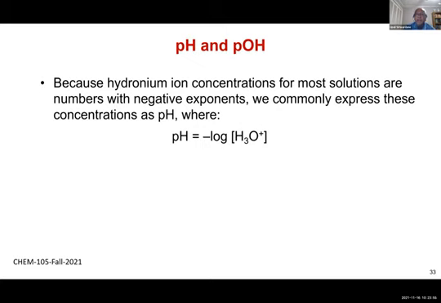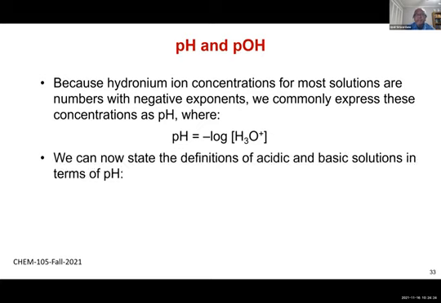If you plug in 1 times 10 to the negative 7 in your calculator and press the log button, you get minus 7. To change to a positive number, you multiply by the negative sign after taking the log, and pH becomes 7.